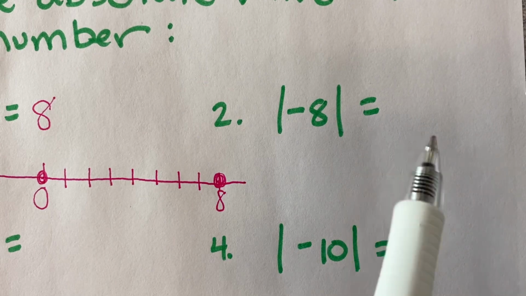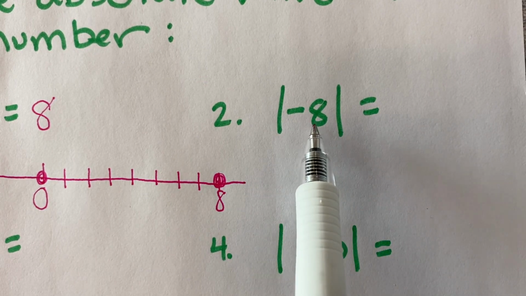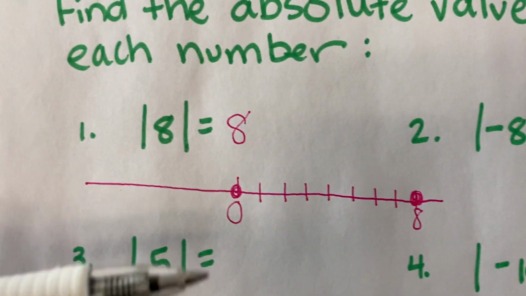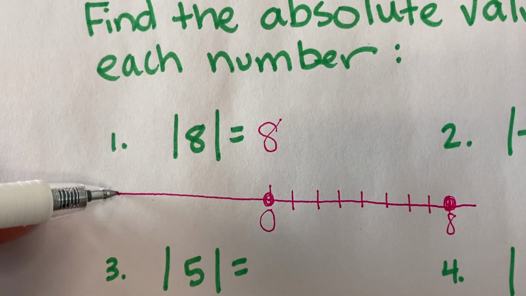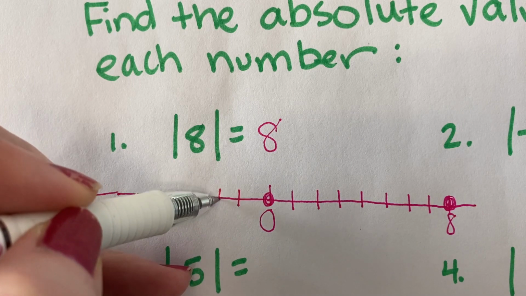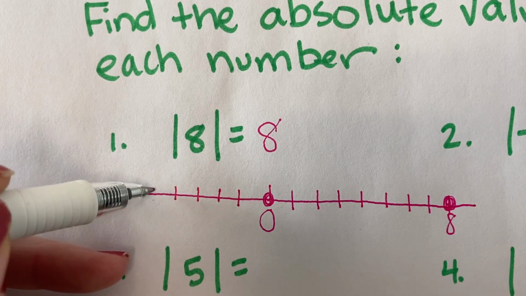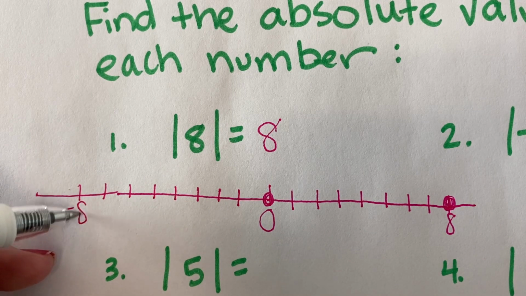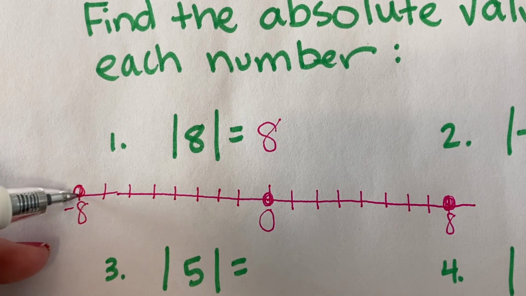Check out number 2, the absolute value of -8. Okay, let's plot -8 on the number line. You ready? Go back here a little further. Okay, so we have 1, 2, 3, 4, 5, 6, 7, 8, -8, right? Plot a point there.